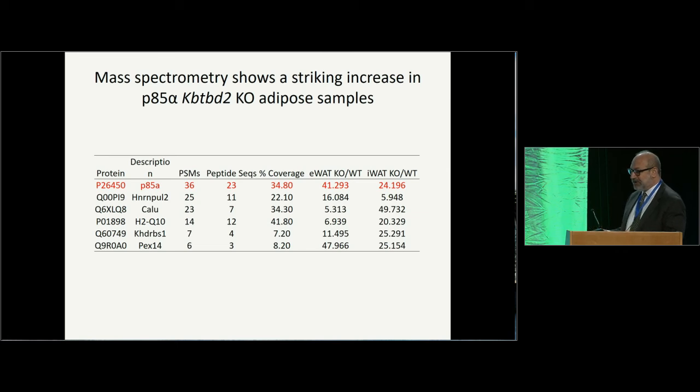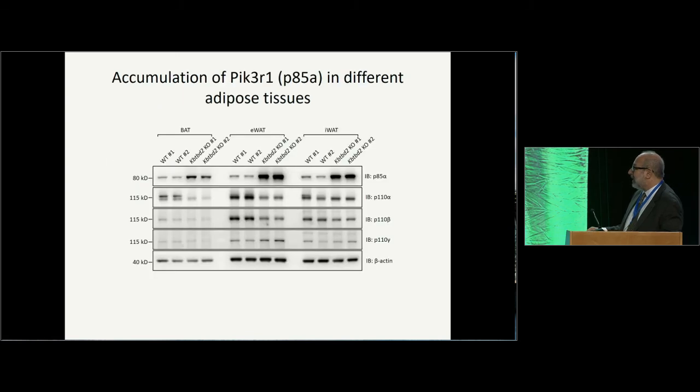And this made sense to us because this is, of course, a key protein in the insulin signaling pathway. In the absence of KBTBD2, there's accumulation of P85 alpha, so we presumed it might target P85 alpha, and this is the documentation of that excess of P85 alpha on a Western blot.